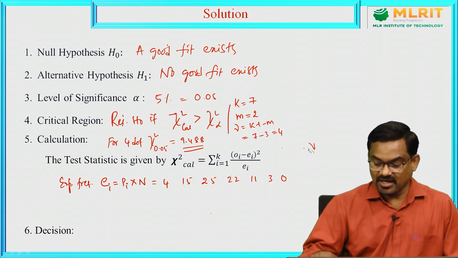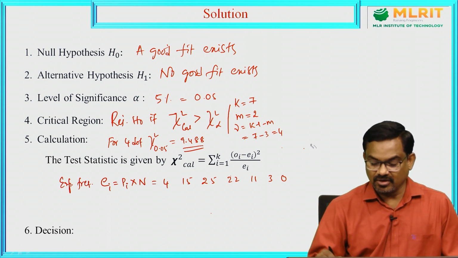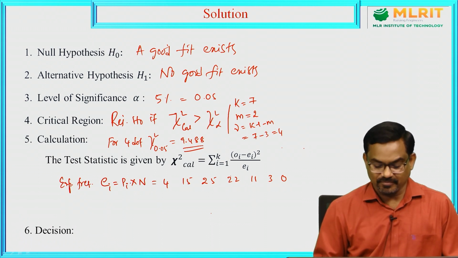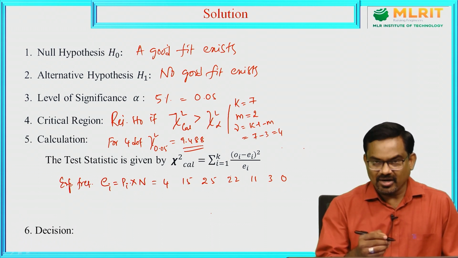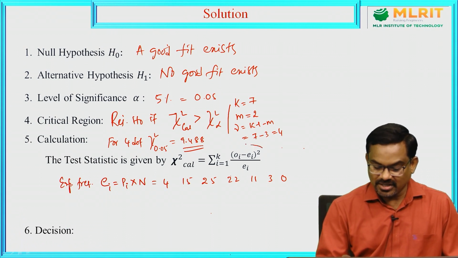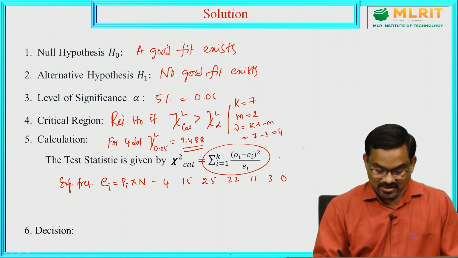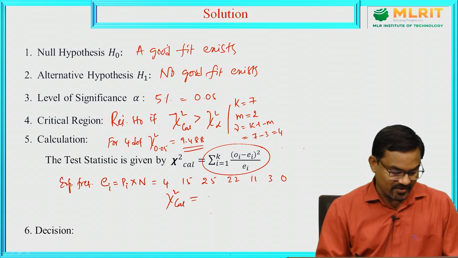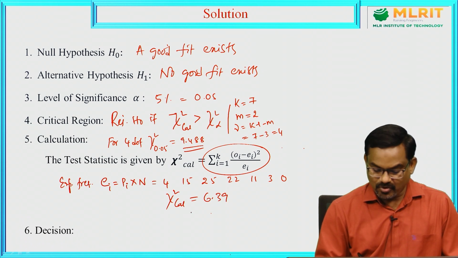The observed frequencies are given in the problem. Substituting all of these and simplifying, the chi-square calculated value results as 6.39.